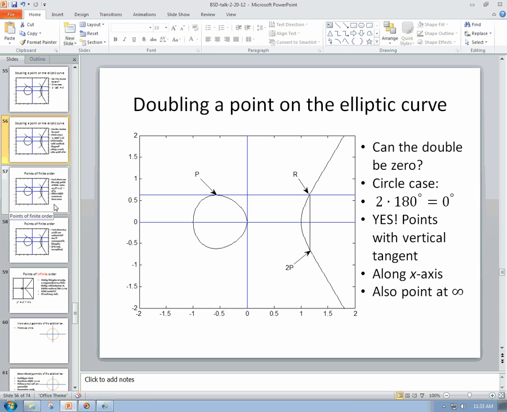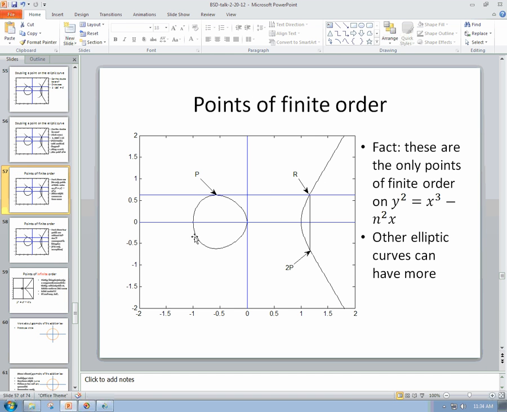So that's very interesting. We've found some points of finite order analogous to the 180 degree rotations or the 60 degree rotations, but they're actually much more precisely analogous to the 180 degree rotation. It turns out on this elliptic curve, where you have y squared equals x cubed minus n squared x and nothing else, no other constant term, then these are actually the only points of finite order.